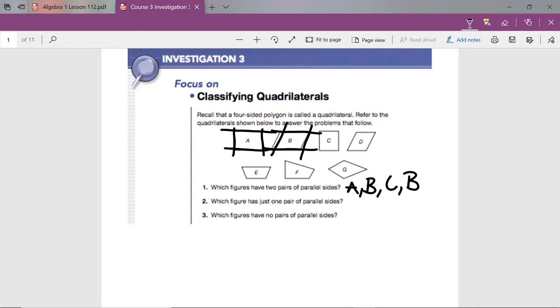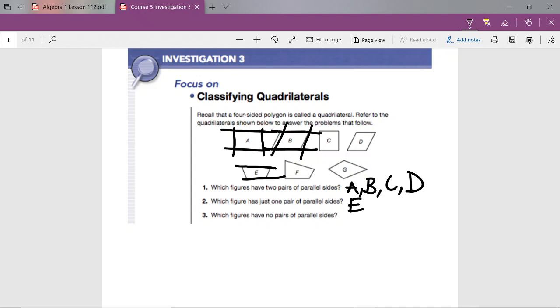Now once we get past those ones, E, we have definitely two that are parallel here, so one pair, but these next ones, if I were to continue them, they would actually cross. So we would say E only has one pair. So it's actually number 2 for E, just has one pair of parallel sides.